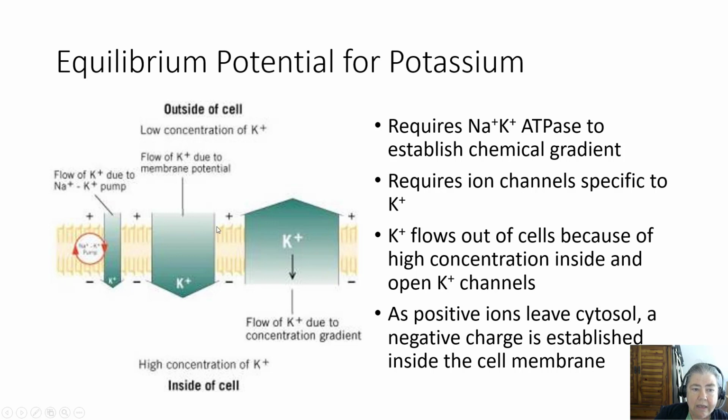There are also channels across which potassium moves, and that increases that electrical gradient because more potassium moves out of the cell down its concentration gradient than moves into the cell.